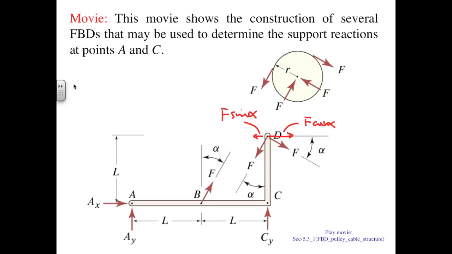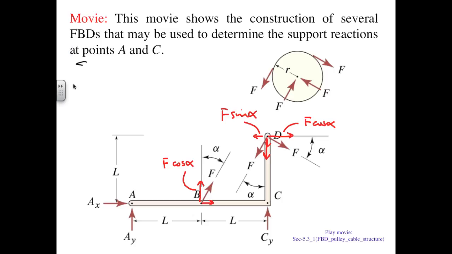The vertical components of these forces will have lines of action that go through C, so they won't contribute anything to moments about C. Over at B, we've also got an F cosine alpha here that will contribute to moments about C, but we have an F sine alpha here that won't contribute anything.